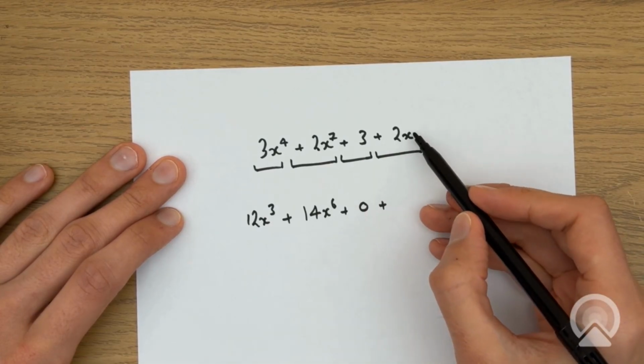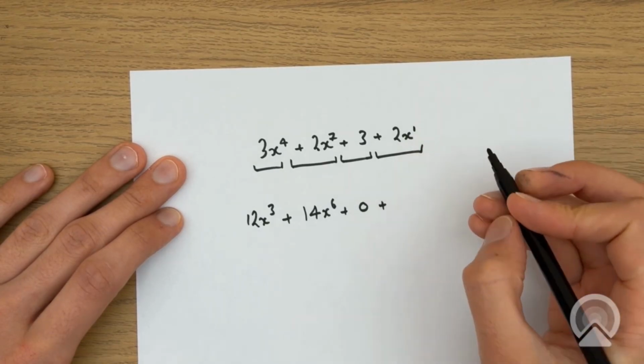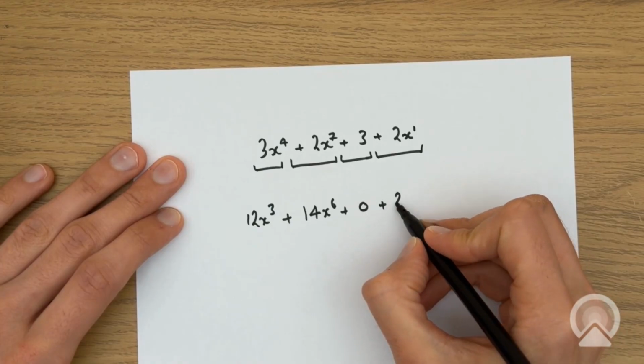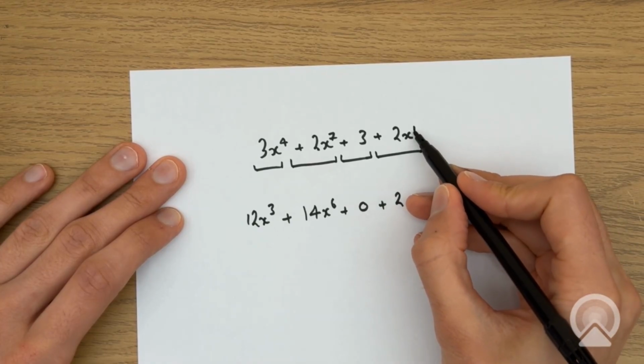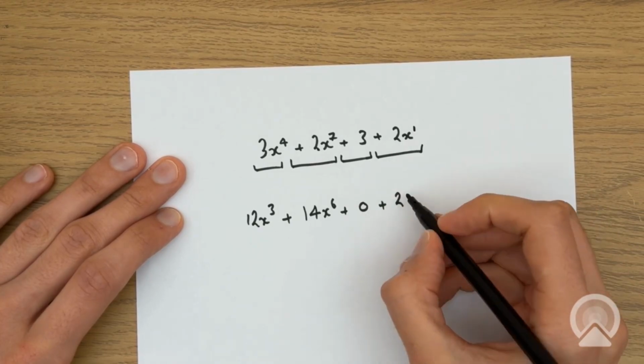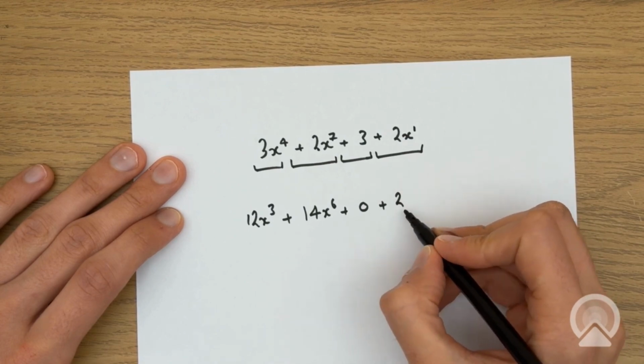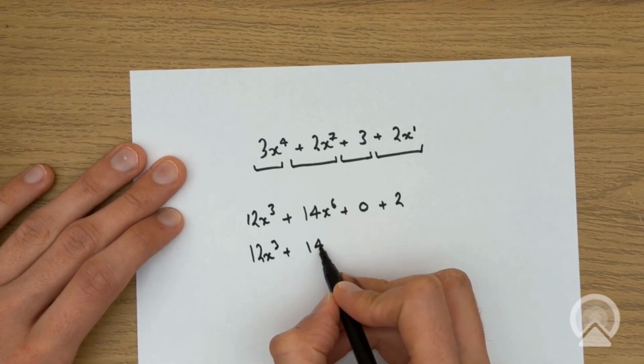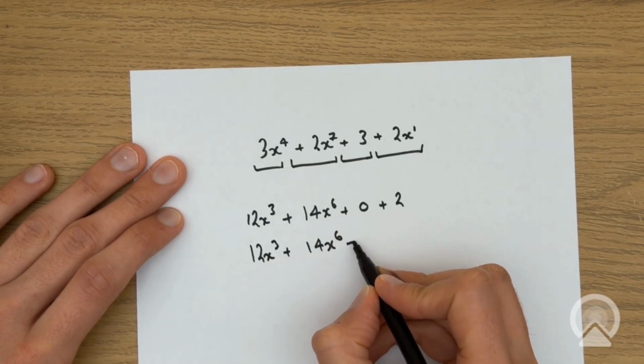And here we have the power as 1. 2x to the power of 1, so we just stick with the 2 and we reduce the power to 0, which means that's 1, so it's just 2 there. So the final answer is 12x cubed plus 14x to the 6 plus 2.